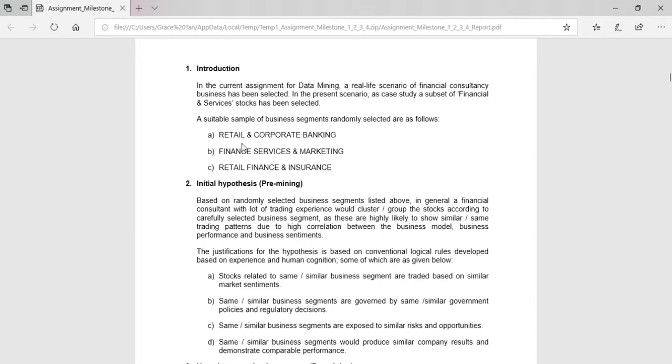So we have selected retail, corporate banking, financial services and marketing, retail finance and insurance, because in a way these three business segments are interrelated to each other, and it can allow us to use data mining to do some kind of meaningful analysis, and that was the reason why these three business segments have been chosen.